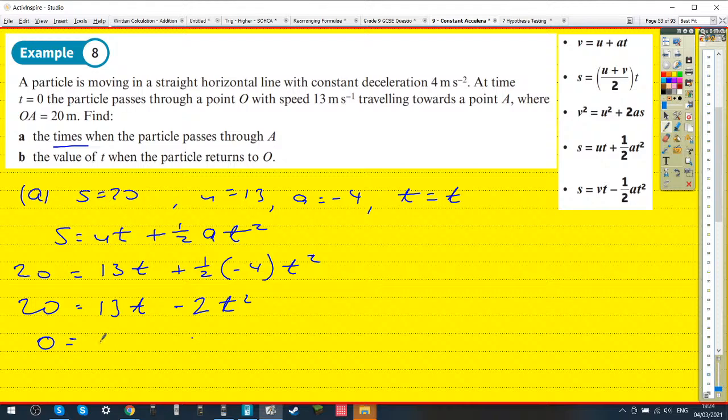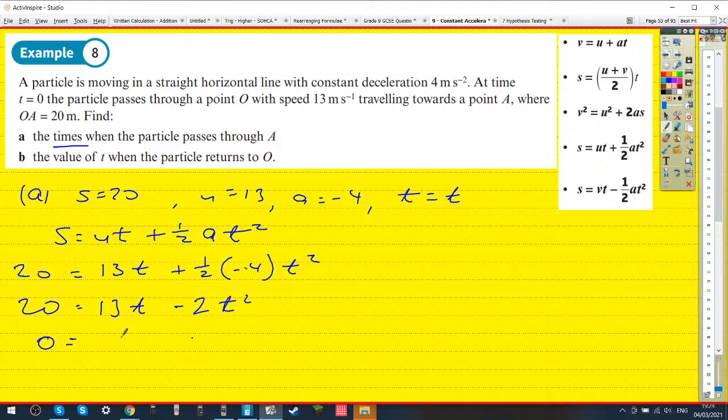No, it'd be t squared, sorry. So I believe minus 2t squared? A half times minus 4 times t squared? Yeah. Minus 2t squared. And then would you minus 20 on both sides?